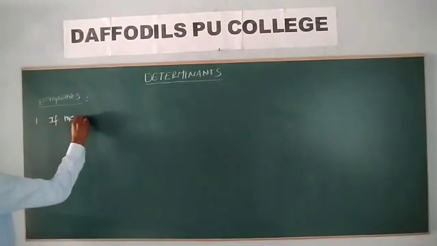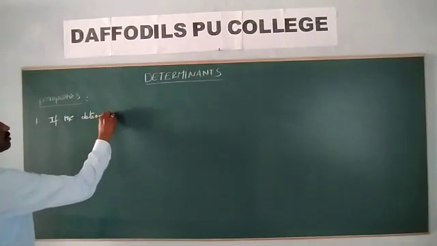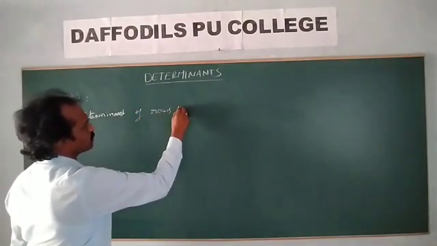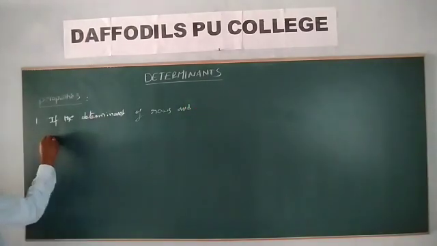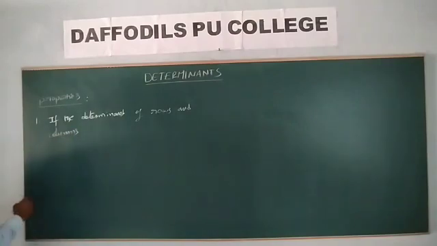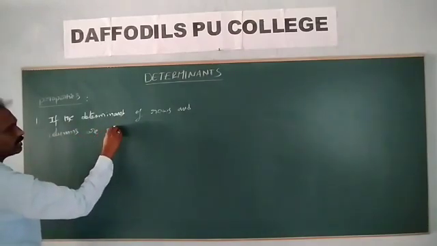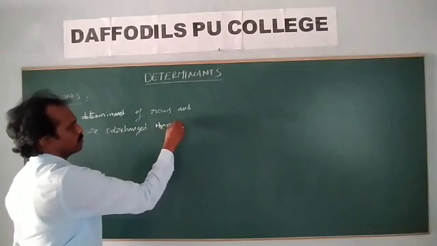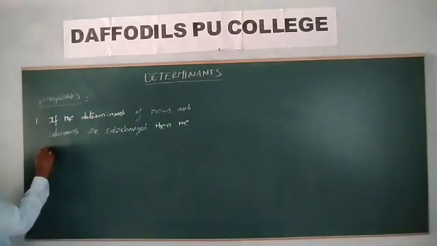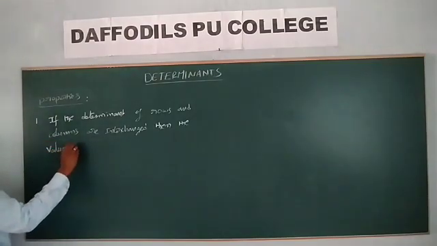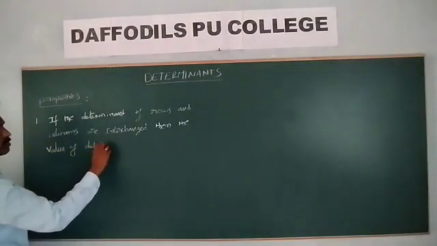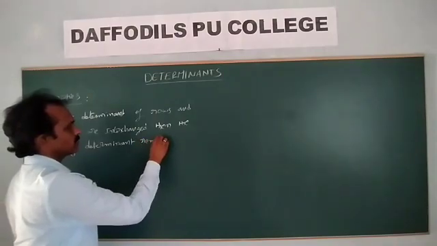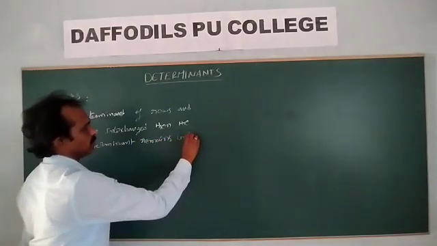If the rows and columns of a determinant are interchanged, then the value of the determinant remains unchanged.